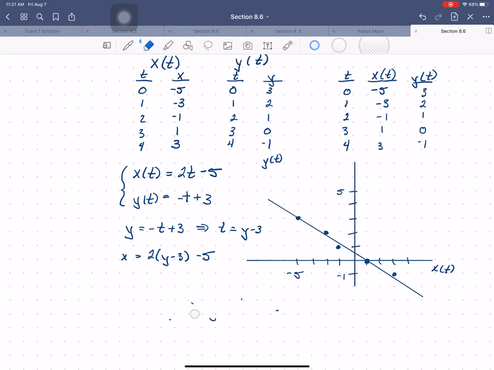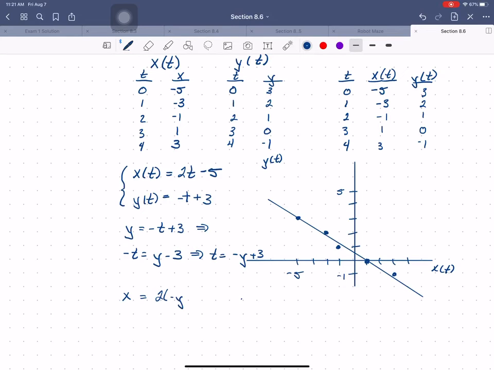All right, let's try that all again, because I messed this up here. Let's be more careful. This tells me that -t equals y minus 3, which means that t equals -y plus 3. That's better. So now substituting into the x equation, that's going to give me 2 times (-y plus 3) minus 5.